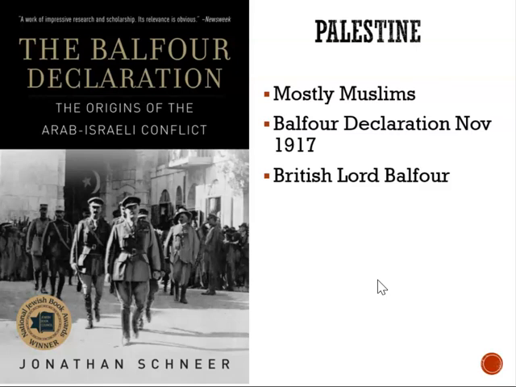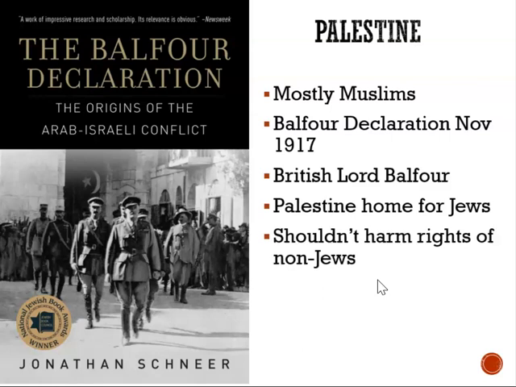And now that Britain has control of it, they see their opportunity to go to the British government and appeal for a homeland for the Jews. And the foreign minister, his name was Lord Balfour, will make a promise to the Jewish people that they would have a homeland in what's called the Balfour Declaration.